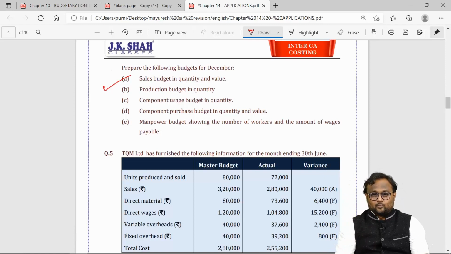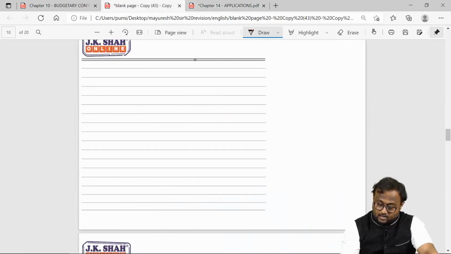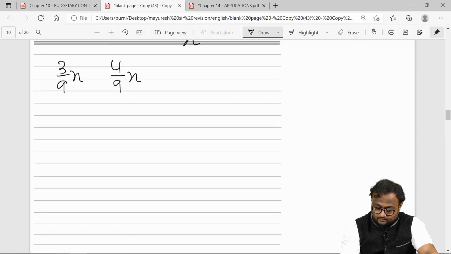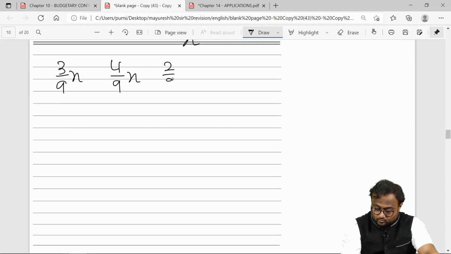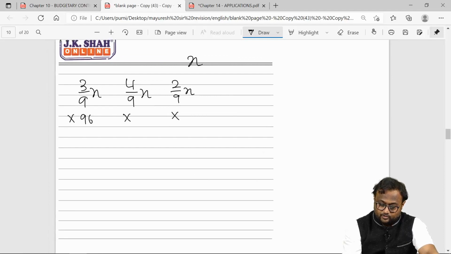Prepare a statement of contribution, sales minus variable cost, you will get contribution per unit. Assume total quantity to be X. So 3 by 9X, 4 by 9X, 2 by 9X, multiplied by contribution per unit of ACB, MCB and DP will give you total contribution.